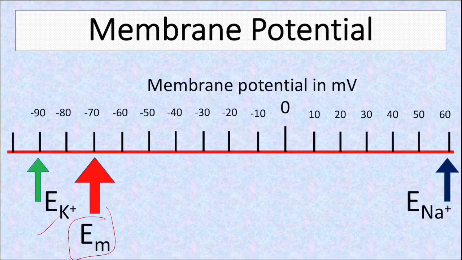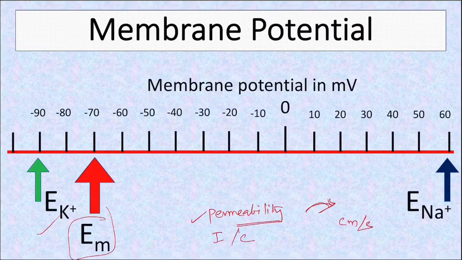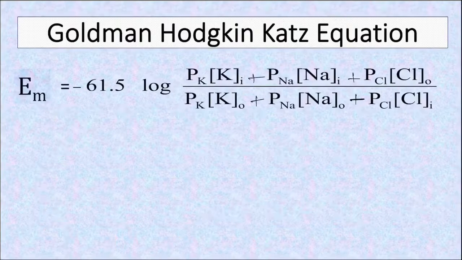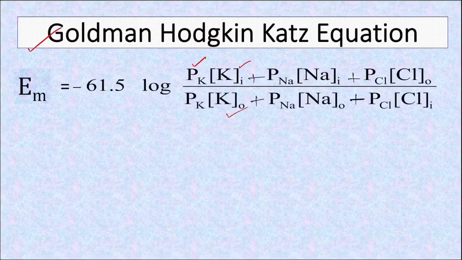Even if there are more ions, if we know the values of their permeability and the intracellular and extracellular concentrations, we can calculate the membrane potential of the cell. There are two different equations to calculate that. The first is the GHK equation. Here we need the permeability value of individual ions and their intracellular and extracellular concentrations. This is a simplified version after adding the gas constant, the body temperature and Faraday's constant.